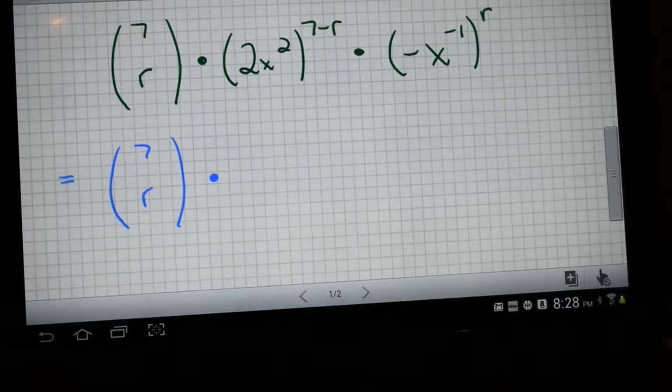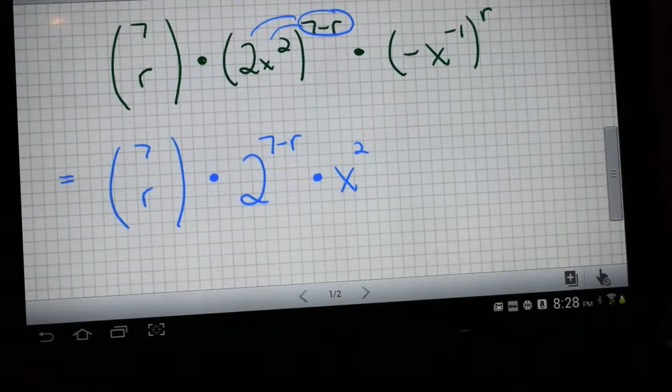I'm going to put this on the 2 also, on the 2 and the x. So it's 2 to the 7 minus r power times x squared times 7 minus r. Remember, we're multiplying the powers.